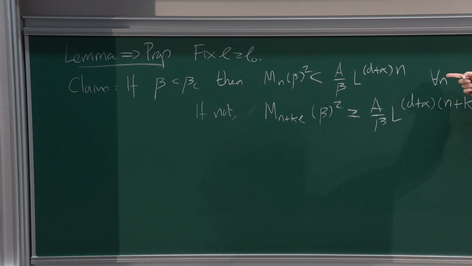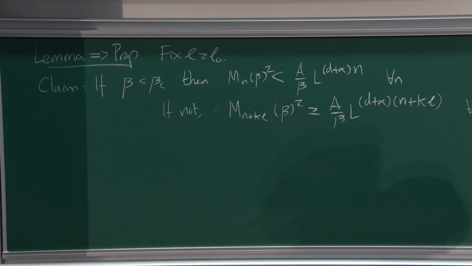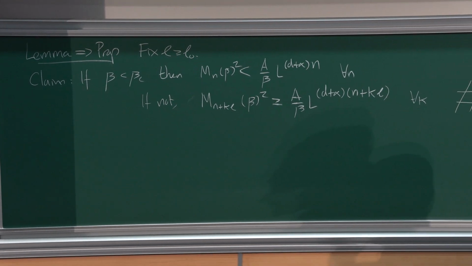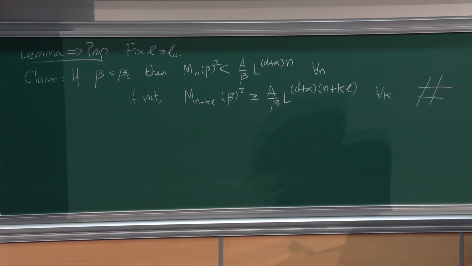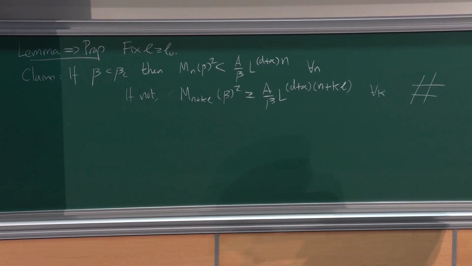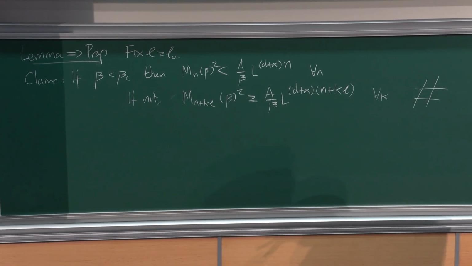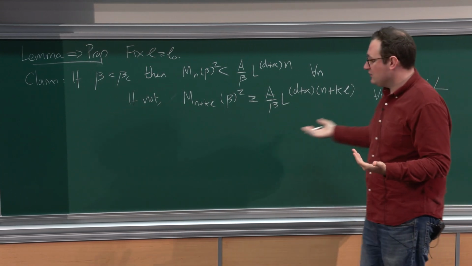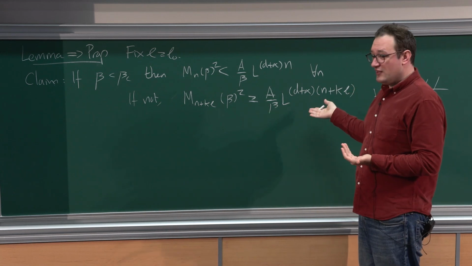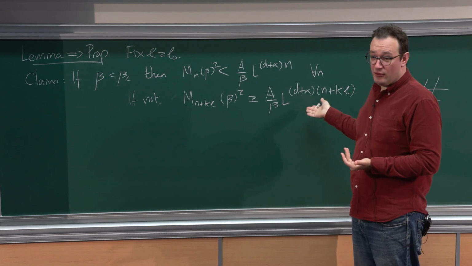Right, if this is false for some n, then it's false for infinitely many n. Okay, but this is a contradiction because we have the sharpness of the phase transition. So we know that for subcritical percolation, the expected size of the cluster at the origin is finite, and in fact you have an exponential tail. And it's not hard to see that this is just inconsistent with this kind of power law growth.